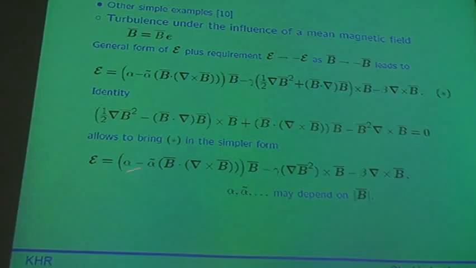and you can write at the end in this way. You see, this bracket is something like the alpha effect, but now first the alpha coefficient may depend on the mean magnetic field, and secondly you have a correction which goes with B bar curl B bar, and then you have some kind of gamma effect where gamma is essentially the gradient of B squared, and you have again the beta effect.